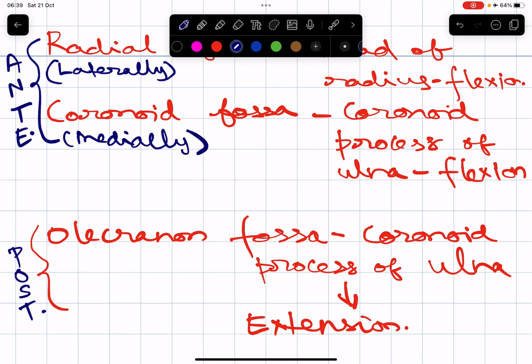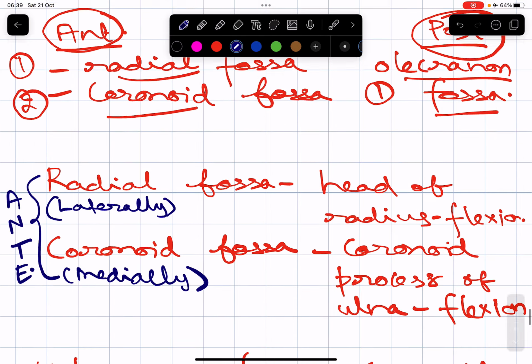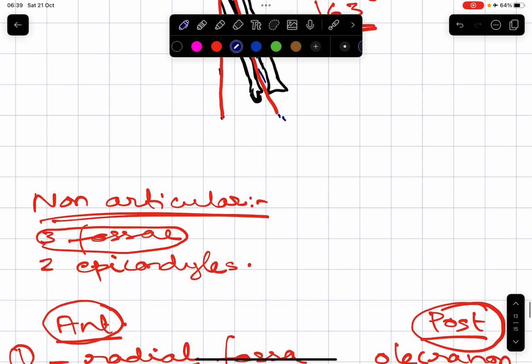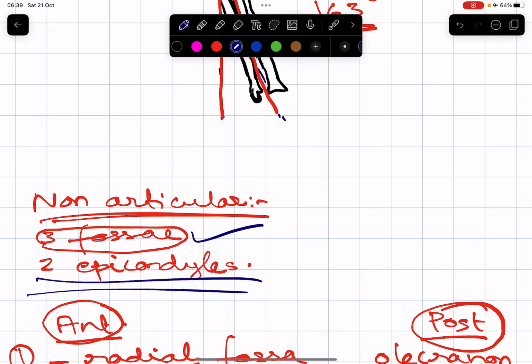Next, let us talk about the condyles. Okay, so three fossae. So lower end non-articular part, we have three fossae. We already talked about the three fossae, and we are left with the two epicondyles.